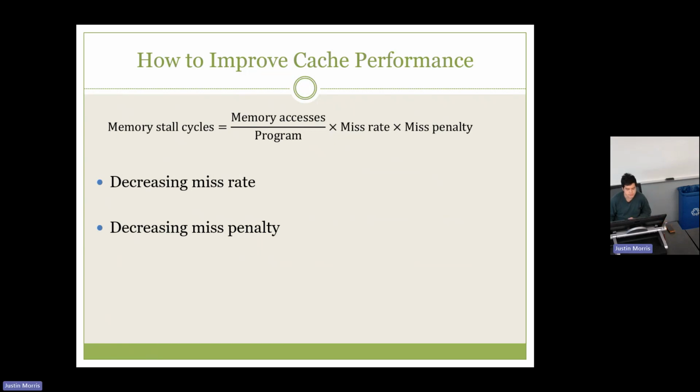Well, our performance is going to be dictated by how many memory stall cycles we have, right? And our memory stall cycles are going to depend on how many memory accesses we have for our entire program and our miss rate.